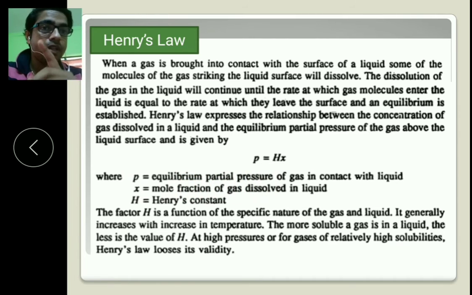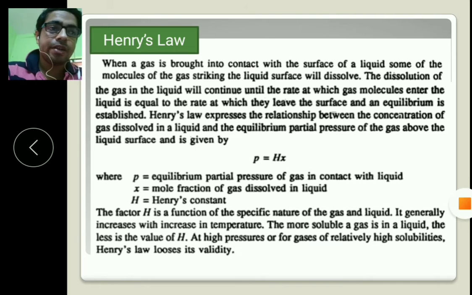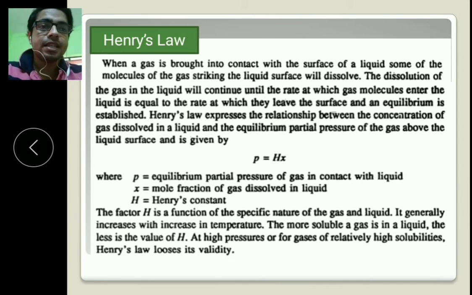You have to write the equilibrium condition, otherwise the answer is not completely right. X is the mole fraction of the gas dissolved in the liquid, and H is Henry's law constant.